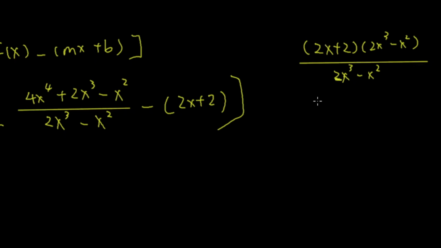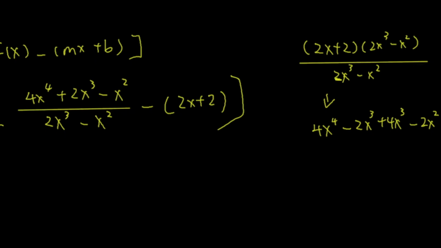So now the numerator becomes 4x to the 4 minus 2x cubed, now plus 4x cubed minus 2x squared. Okay, so the middle part here is just plus 2x cubed, right?